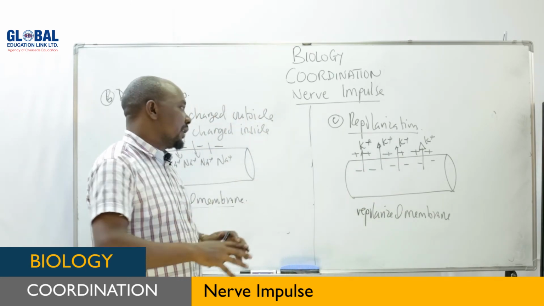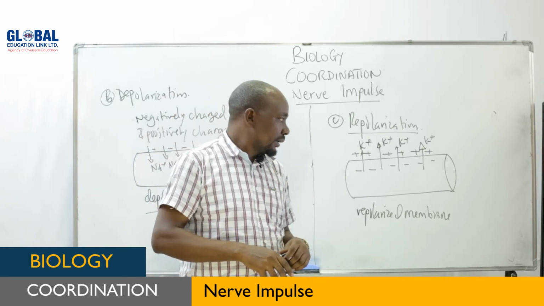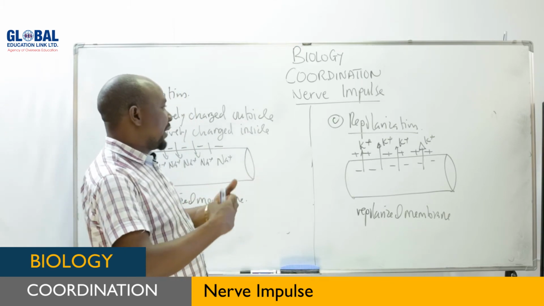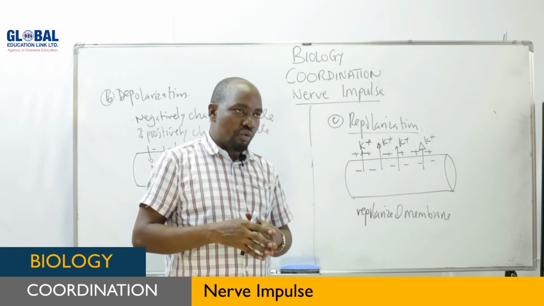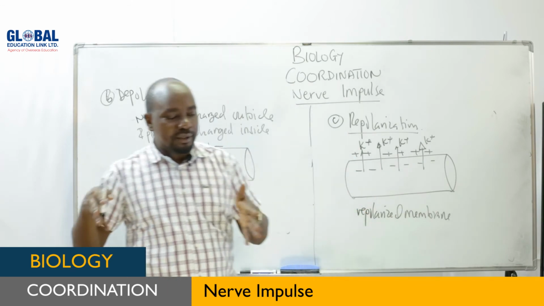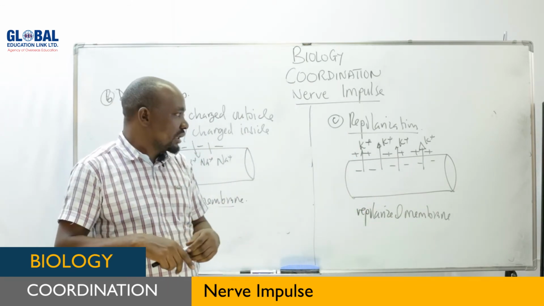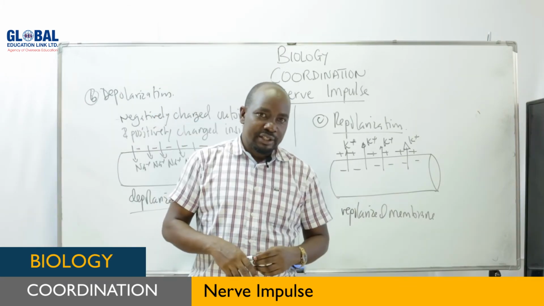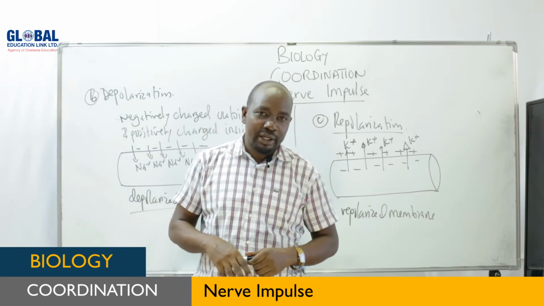So the difference is the ion distribution. And this happens after the conduction of the nerve impulses. When the nerve impulse has been conducted, the neuron has to restore its origin, or regain its polarity. Dear student, after knowing this, let us have a short break.